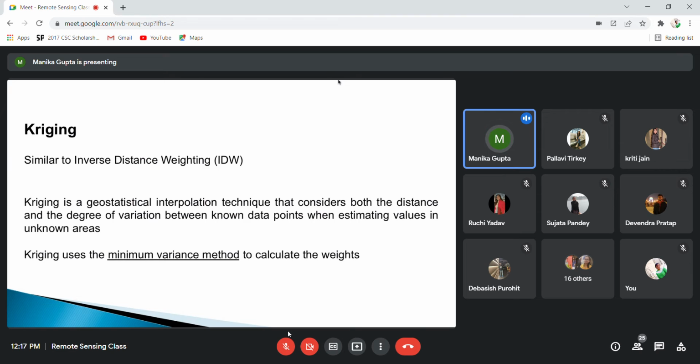Deterministic methods means it is giving you just the values, right? If you look at any of those methods, you were relating it with the distance or with the average values, but you were just getting an estimate of the values, and somehow you were trying to cross validate it and see which of the methods could be a better method.